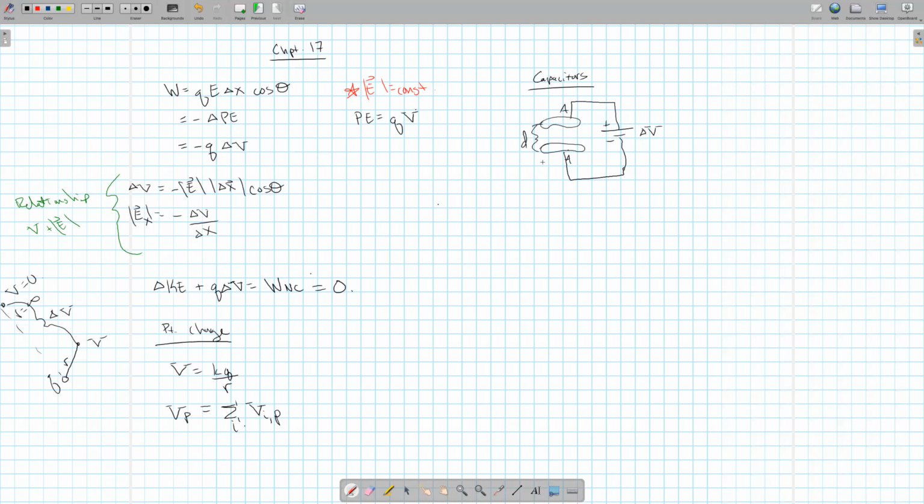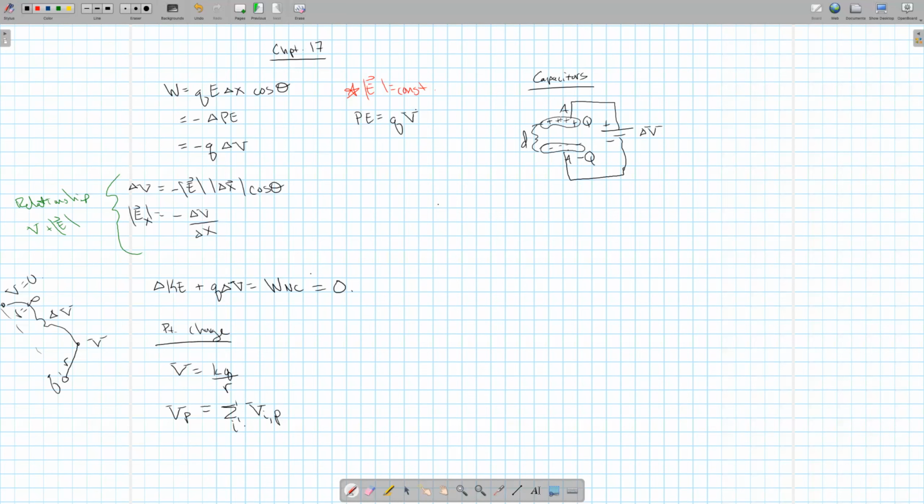The point of the capacitor is to store energy via the work that the battery does to supply charges onto the capacitor plates. So this one will end up with a maximum charge of Q. This one will have a charge of negative Q. So this one becomes positively charged, and this one becomes negatively charged with the same amount.